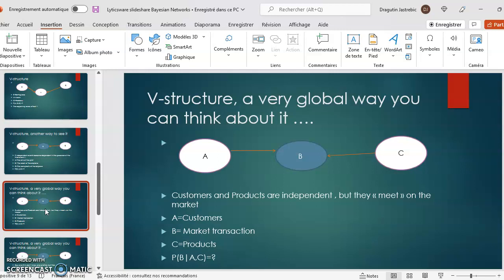You are a customer, and there are some products that exist somewhere, but there will be a meeting of the customers and the products inside the market. So, independently of the market, you can say that the customers and products are independent. They only meet when they go to the market and there is a market transaction.